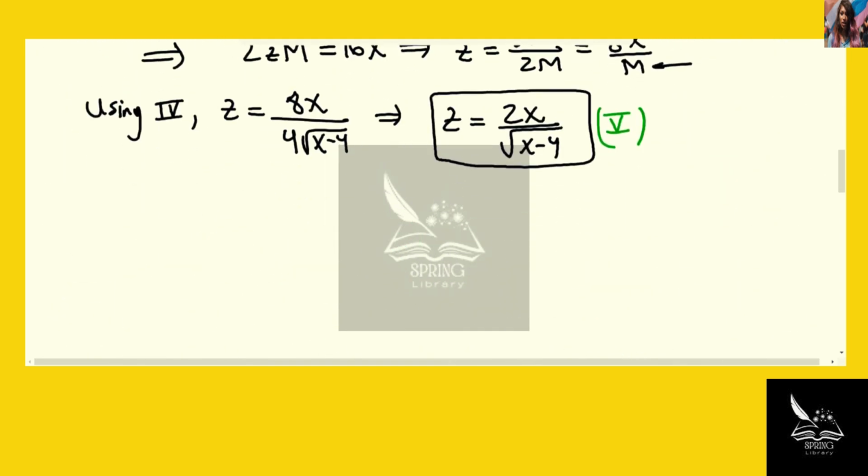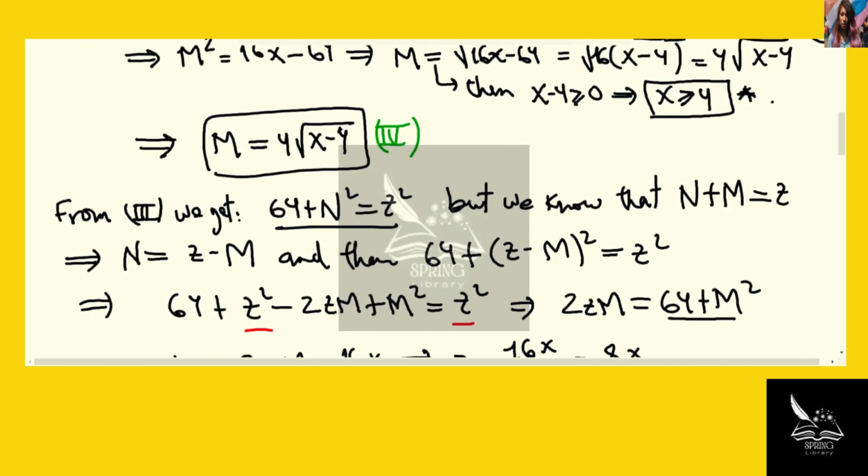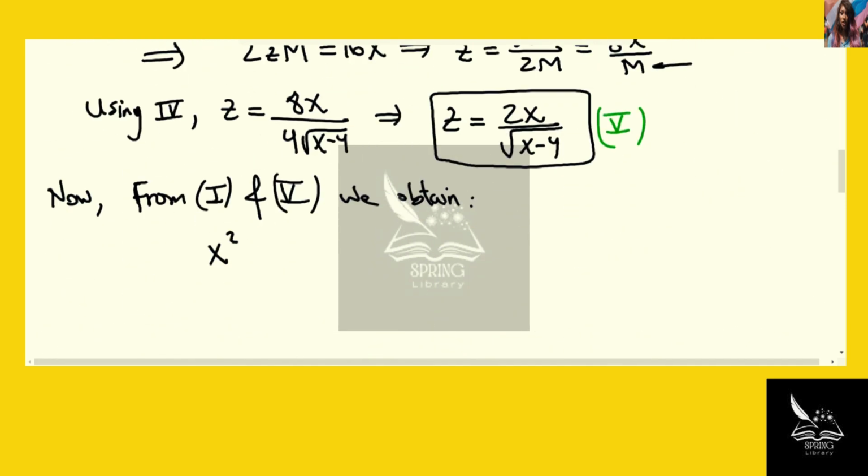So from 1 and 5, that is this one here, we obtain that x squared plus z squared, that is x squared plus (2x over the square root of x minus 4) squared, equals y squared, sorry.